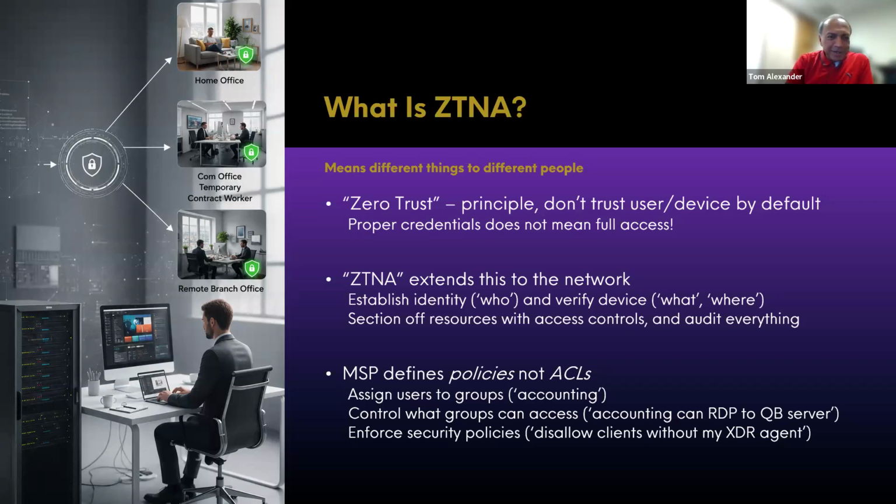So if someone with your stolen credentials is logging in from Moscow at 2 a.m. and attempting to get into the CRM server, then you should probably block it. So this allows you to section off resources with access control, audit everything, log everything, and generally apply that zero trust principle to the network itself.